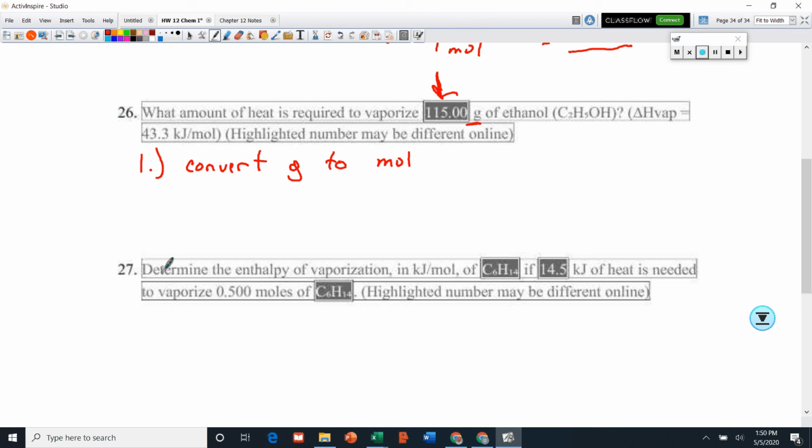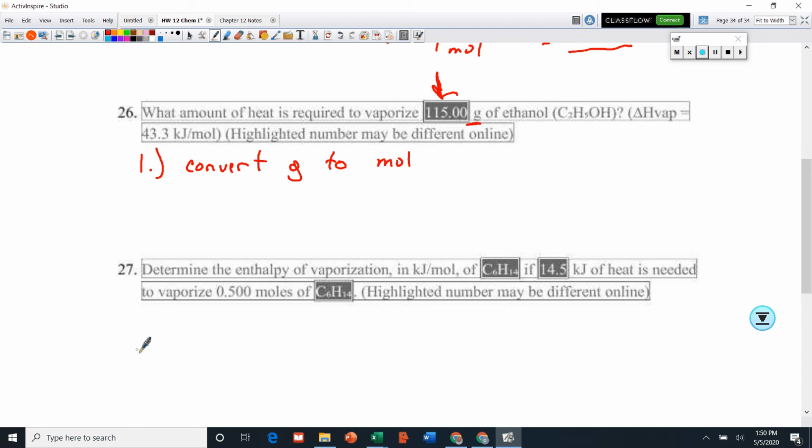All right. Now, this one says determine the enthalpy of vaporization in kilojoules per mole of C6H14 if 14.5 kilojoules of heat is needed to do 5 moles.